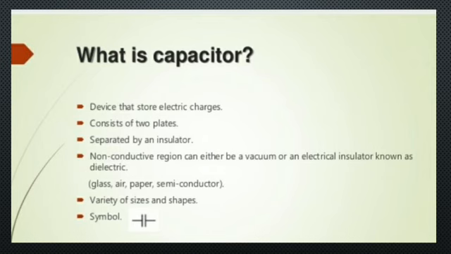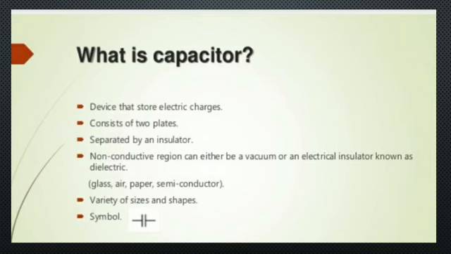Okay, students? Right. And the non-conductive region, which can either be a vacuum or an electric insulator, is known as the dielectric. So in between the two plates, what is present? Dielectric is present. Okay, students, that may be glass or air or paper or some semiconductor material also.